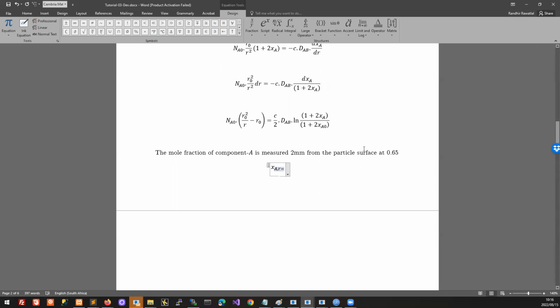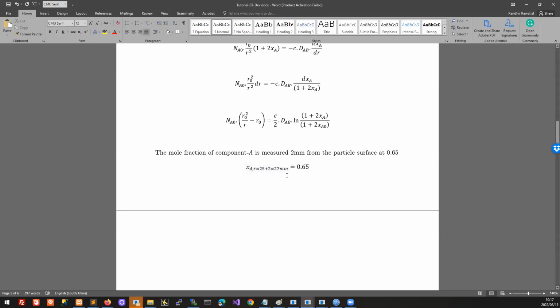So the particle surface is at 2.5 centimeters or 25 millimeters. And then we are looking 2 millimeters above that surface. So that's +2. So 25 plus 2 millimeters, right? So that's 27 millimeters. So the mole fraction xa at 27 millimeters is 0.65.